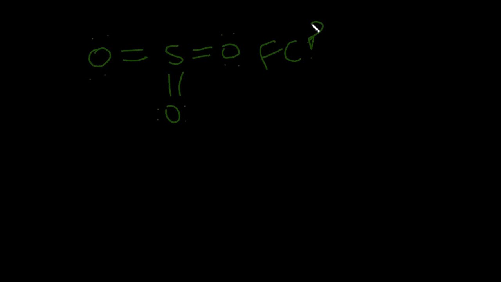Okay, so let's see. For sulfur, start with sulfur. We have formal charge equals valence electrons. Now, how many valence electrons does sulfur have? Well, it has 6, minus how many bonds? We have a lot here.